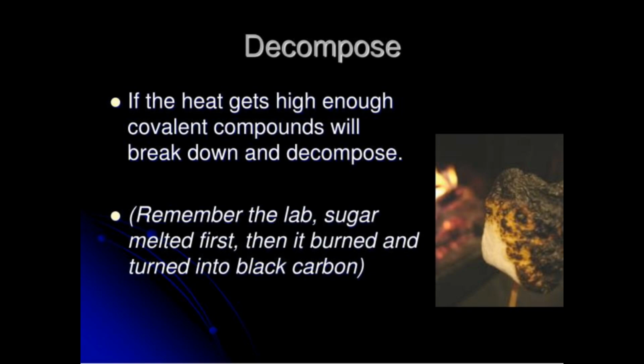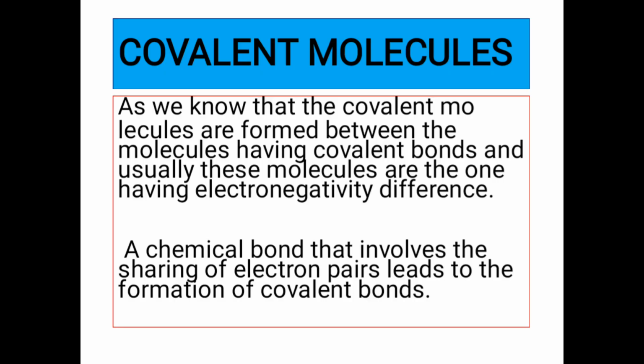Therefore, even if you put concentrated acid in sugar, it melts, it burns, and of course it turns into black carbon. So when the heat is high enough, they break down and decompose. These are a few properties of the covalent compounds.